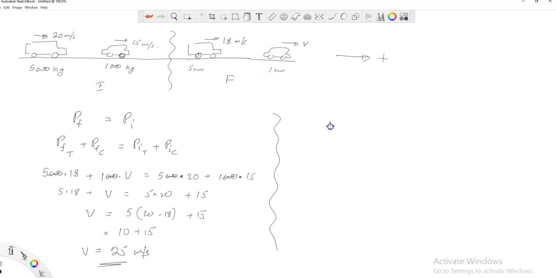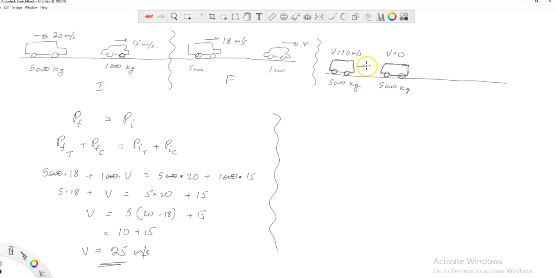Alright, so let's take a look at another example. Okay, so here's another example. Let's say we have two railroad cars. One is moving at 10 meters per second, going towards the second one, which is in the front, which is stationary, it's at rest. They both have the same masses, 5,000 kilograms.